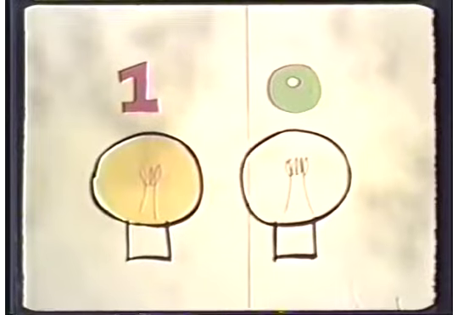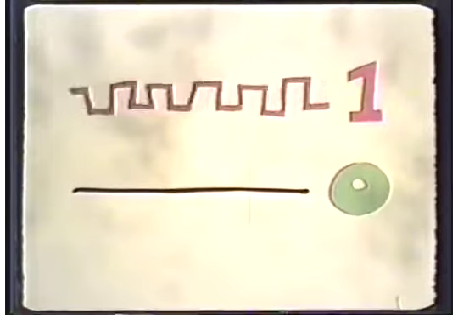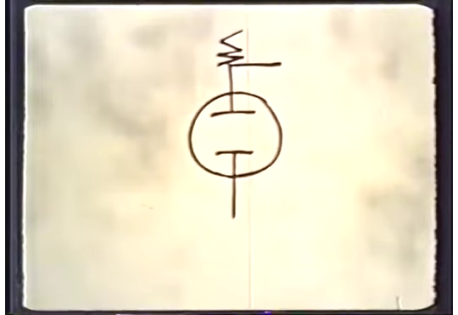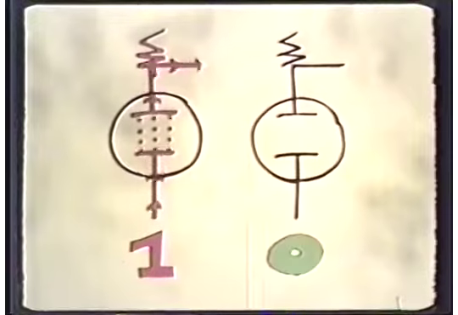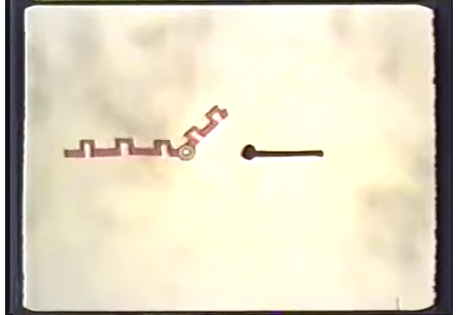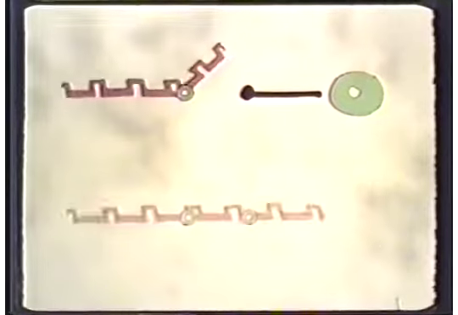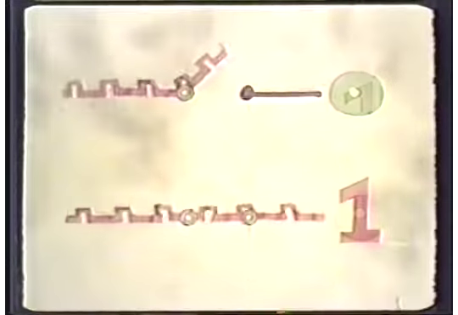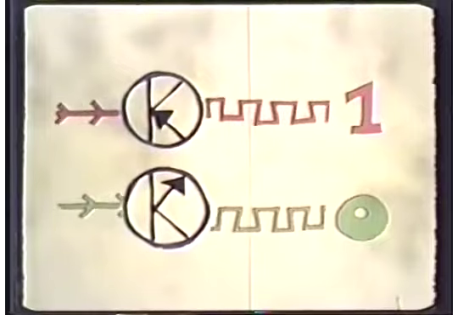They can represent the on-off state of the lamps, a current flowing or not flowing. A switch, open or closed. A positive or negative waveform.